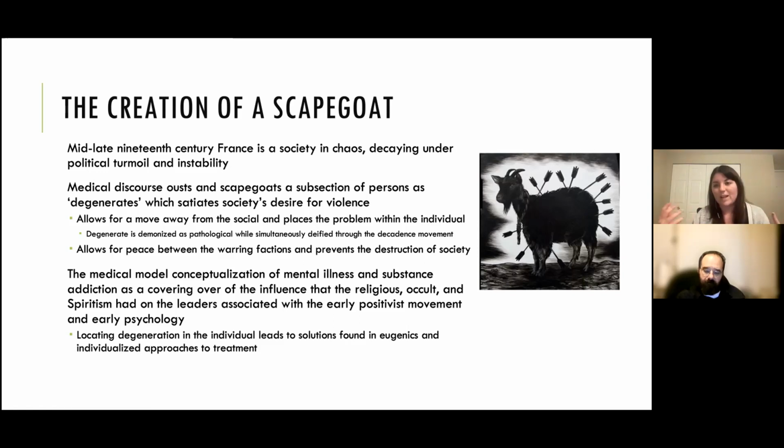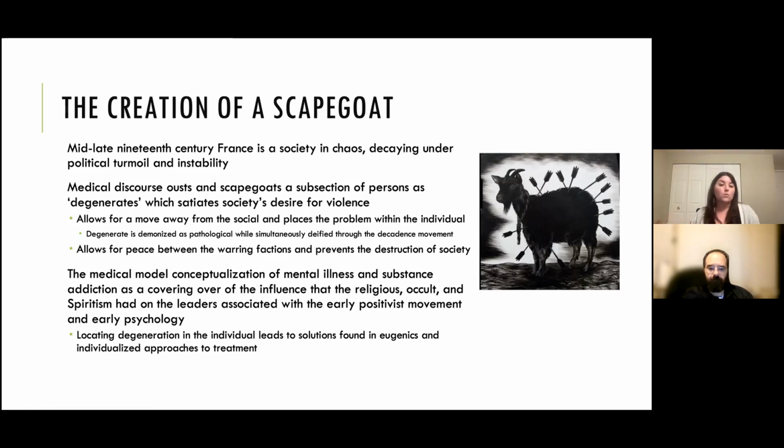If they keep fighting, they're all going to eventually destroy one another. So what is needed, according to René Girard, is a scapegoat to satiate the need for violence. Medical discourse outs and scapegoats a subsection of persons as degenerates, which satiates society's desire for violence.